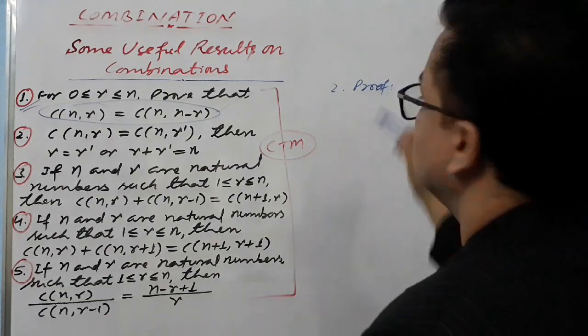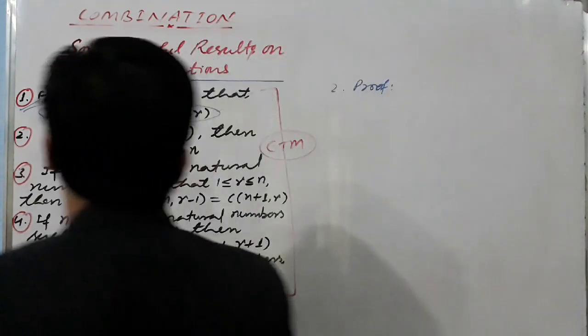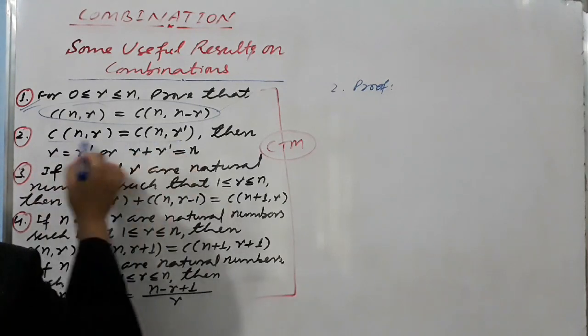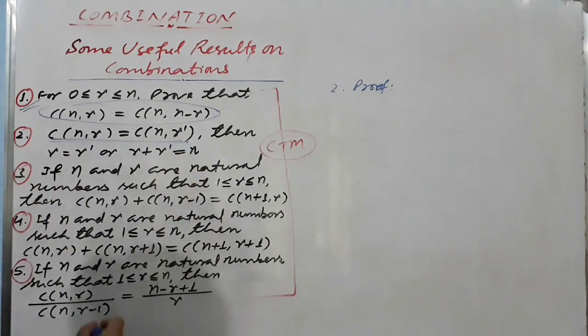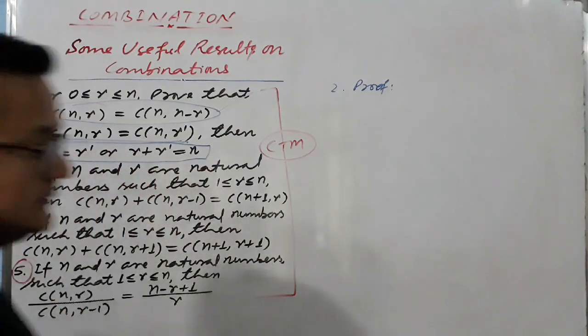Proof of the second result: here we have given this one. This is the given part, and we want to prove this result.